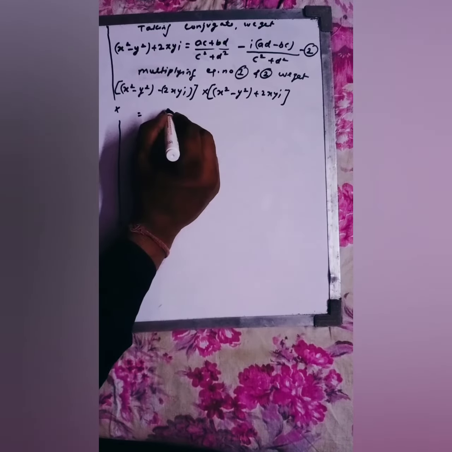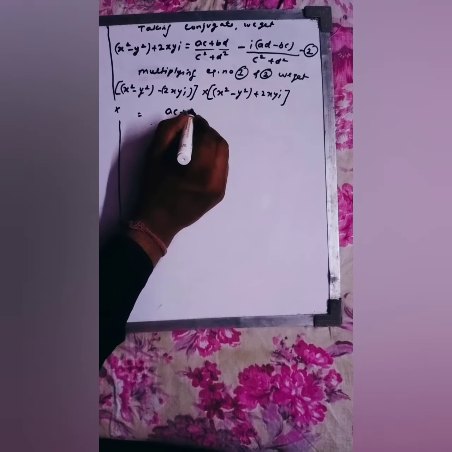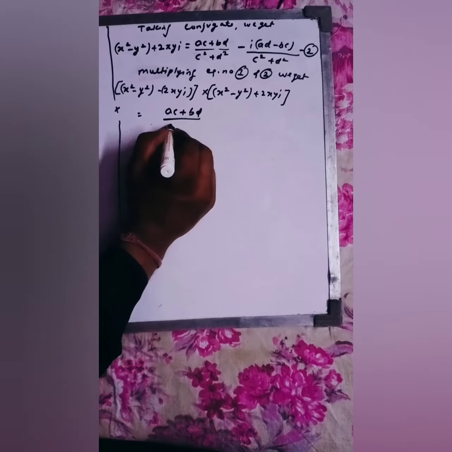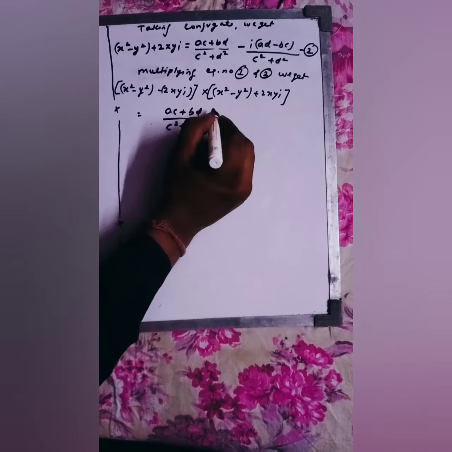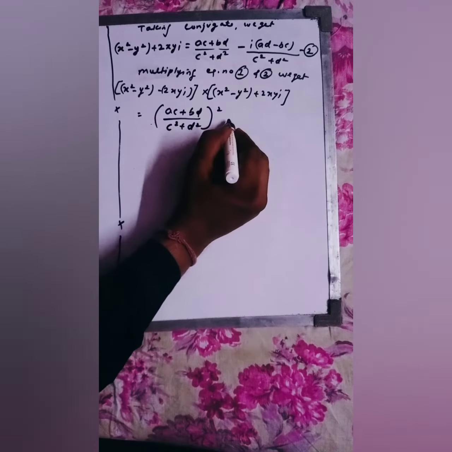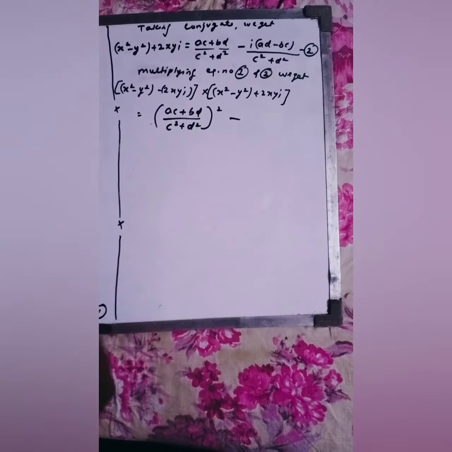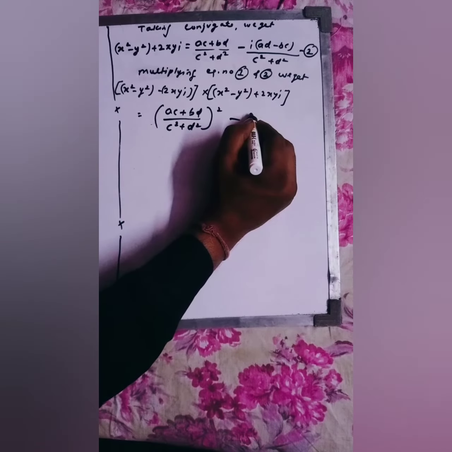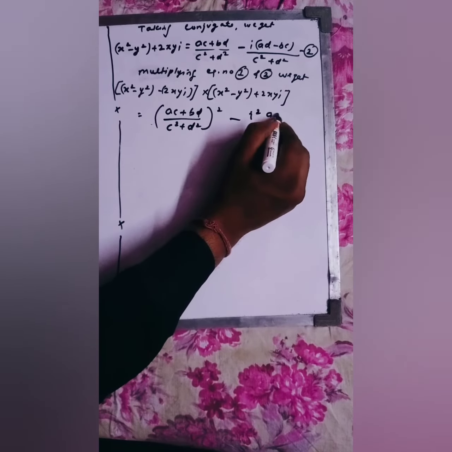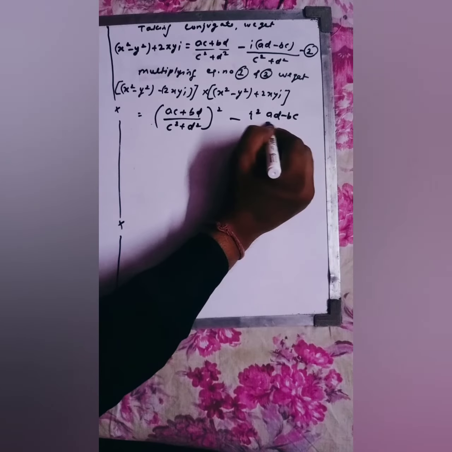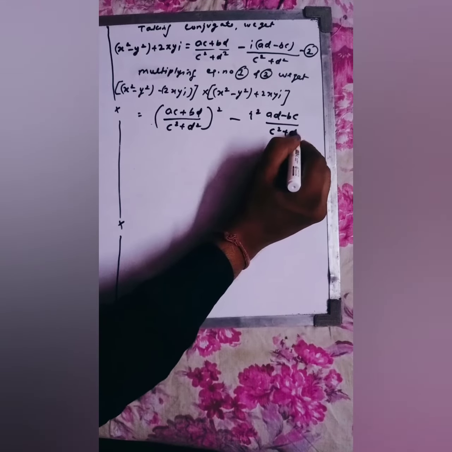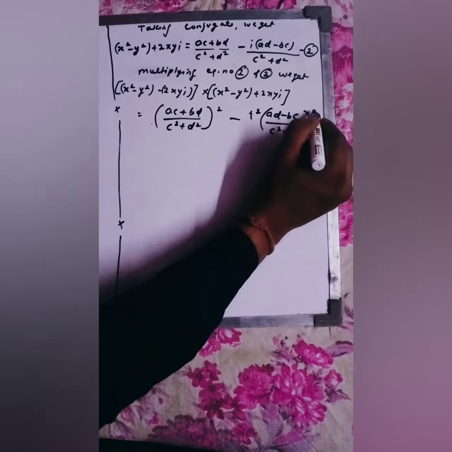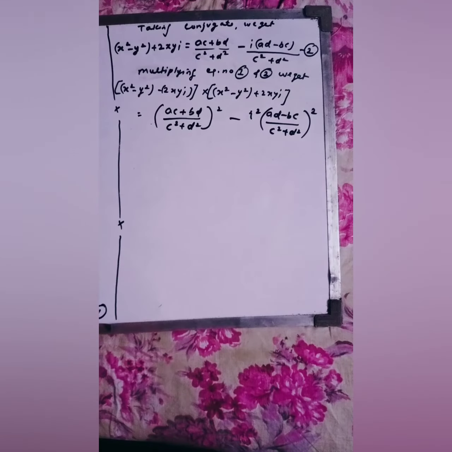So you will write this whole is your a, so you will write this whole square, a square minus and this second term is your b square. So you will write iota square AD minus BC over C square plus D square whole square.